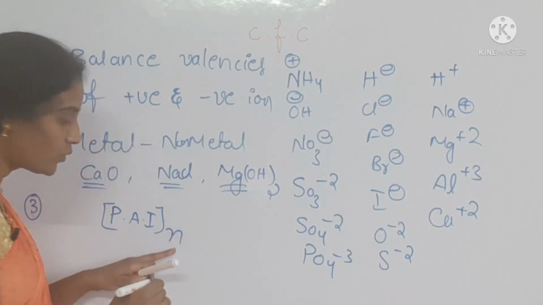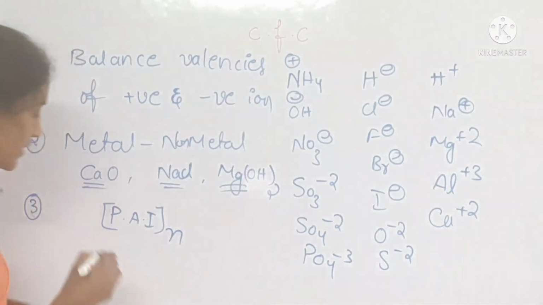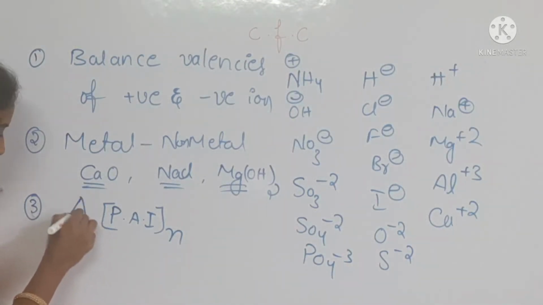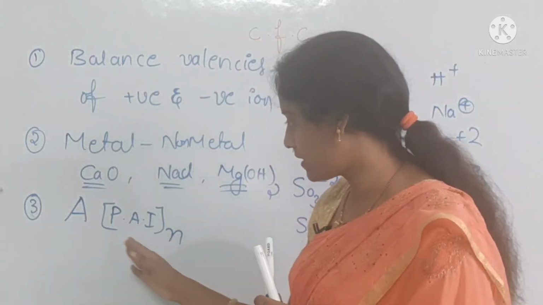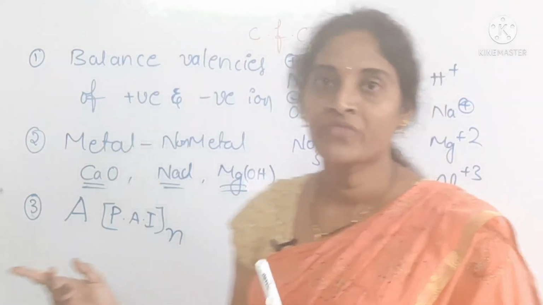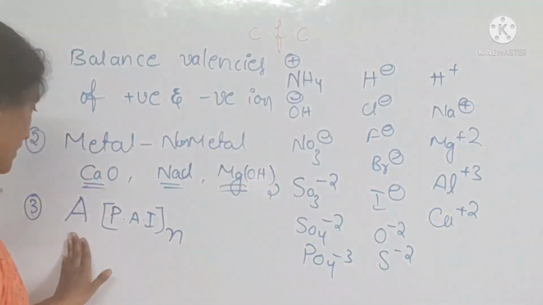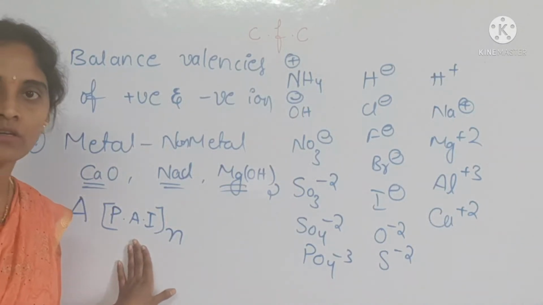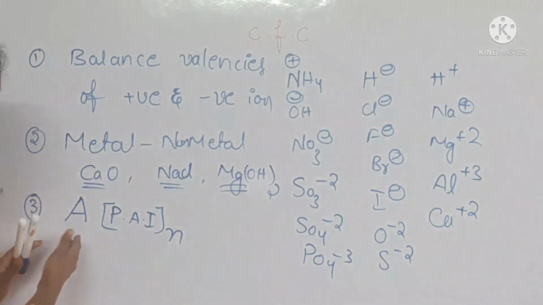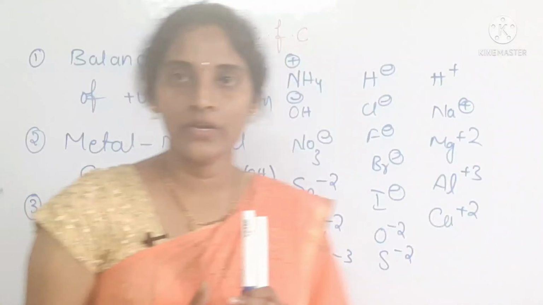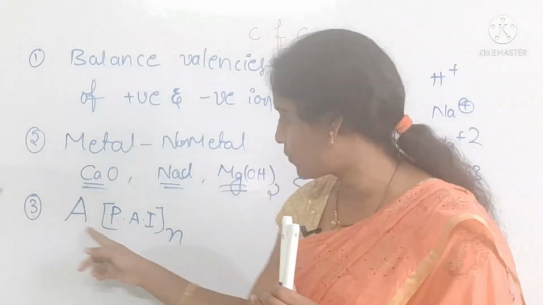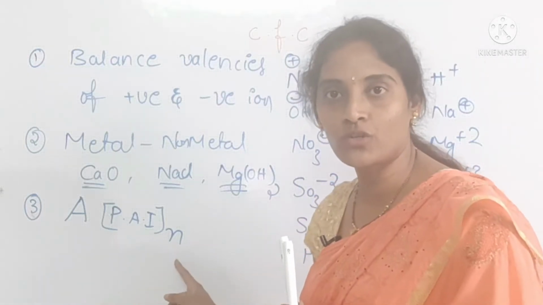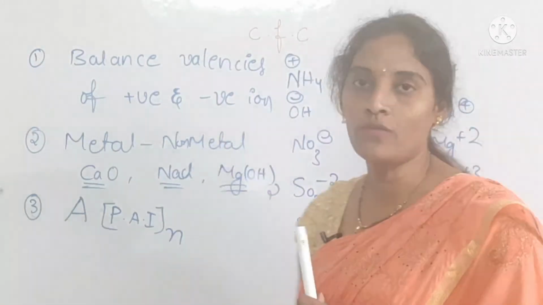After that, you need to write the number of polyatomic ions. This is a cation and this is the anion, or this is anion or this is a cation. Anyone you should write. This is the third rule. If a polyatomic ion is there in a chemical compound, we have to enclose that polyatomic ion with a bracket. After that, you have to mention the number of ions.